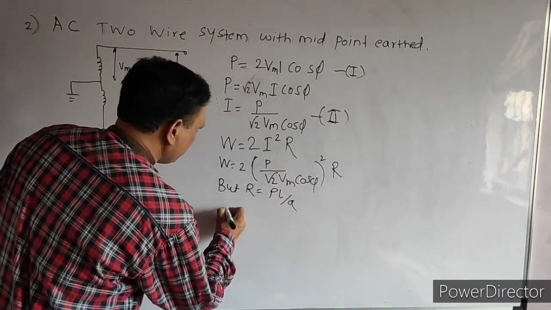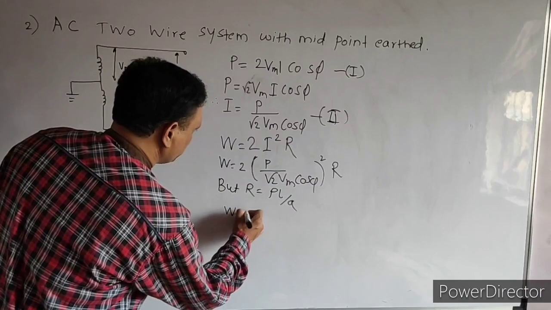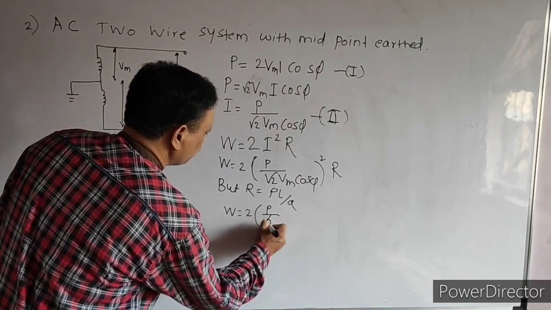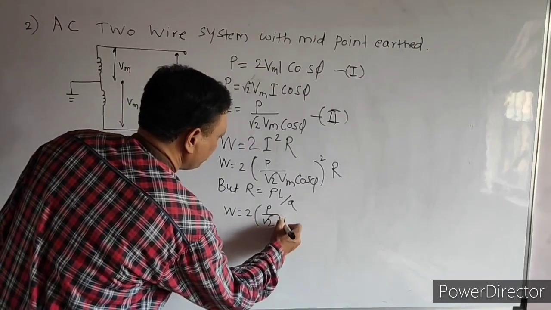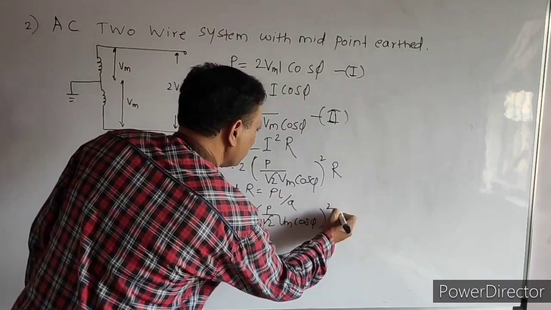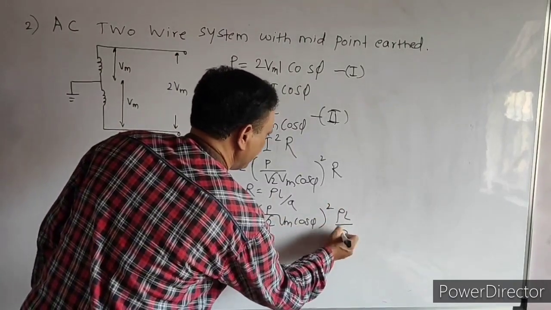So W is equal to 2 into P upon root 2 Vm cos phi, whole square, into rho L upon A.